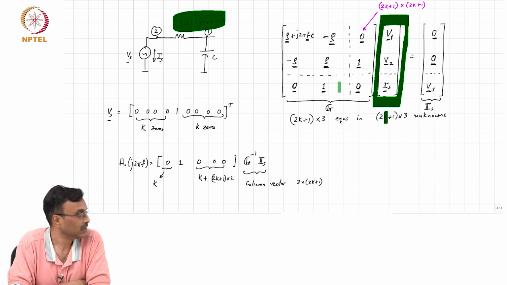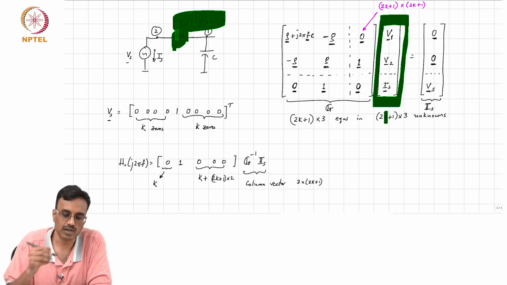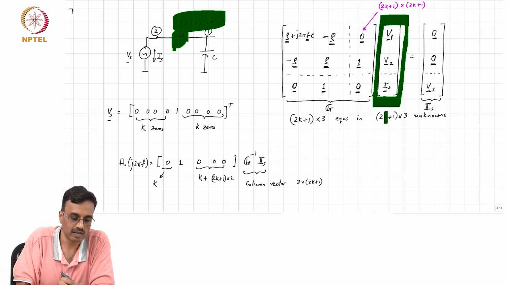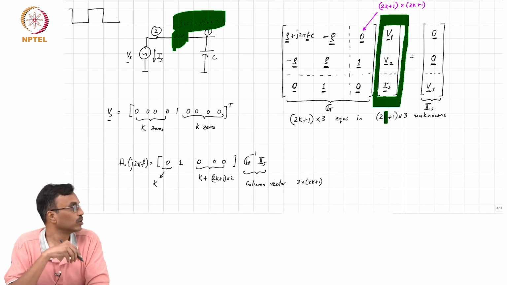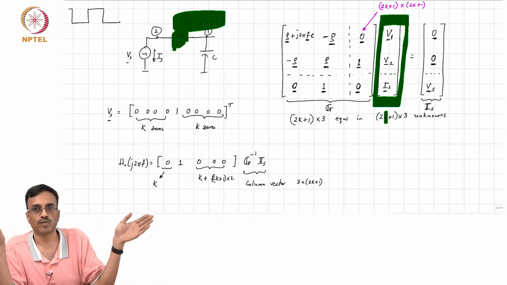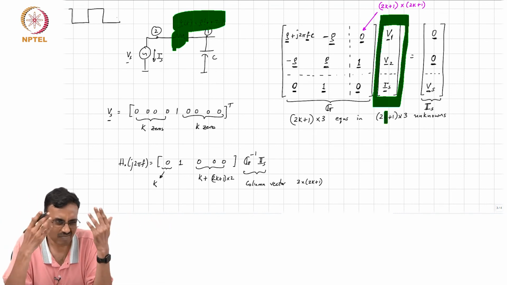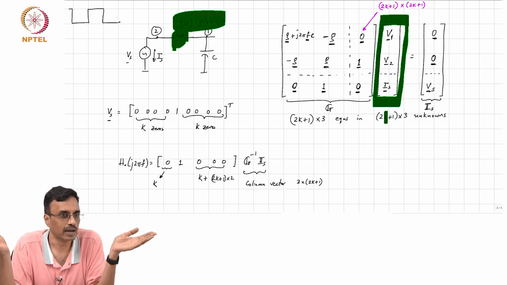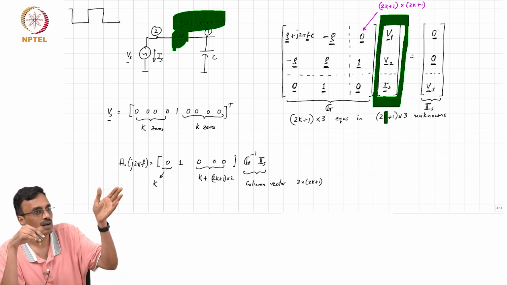For example, if G of t was a switch, then what comment can you make about this? The G of t is basically doing something like this, okay? And you know that the Fourier series coefficients of a square wave go as 1 by n, but the bottom line is they die very slowly, right? Because you have a very sharp edge, okay?